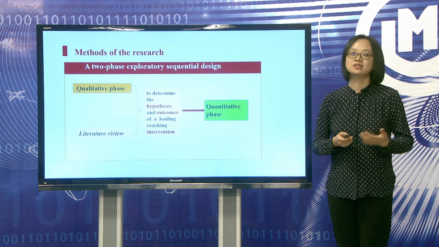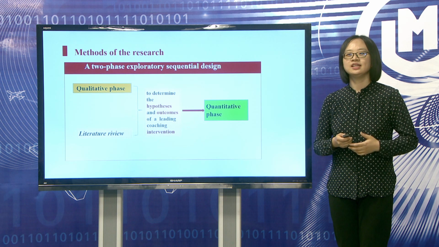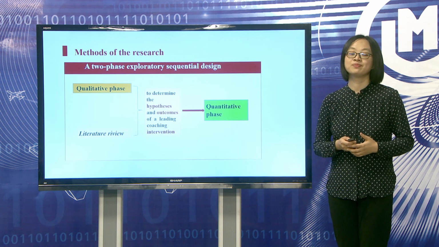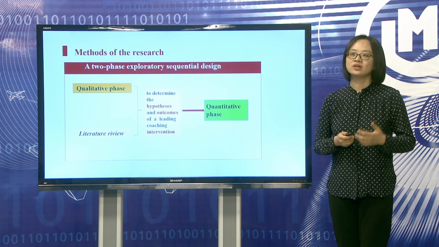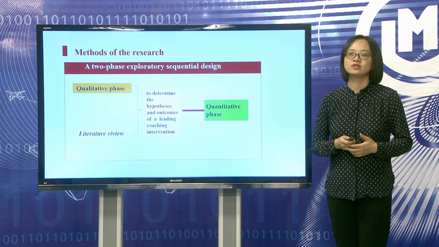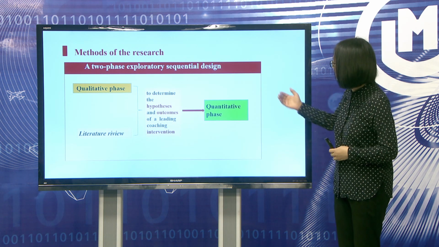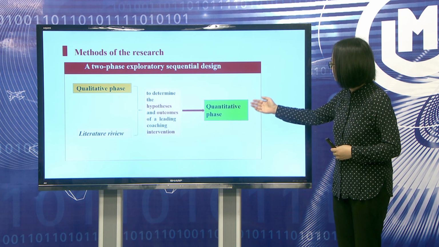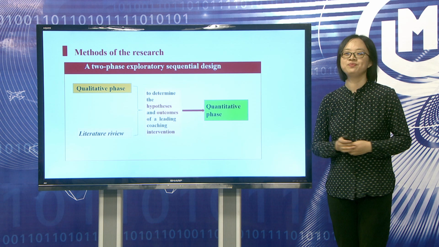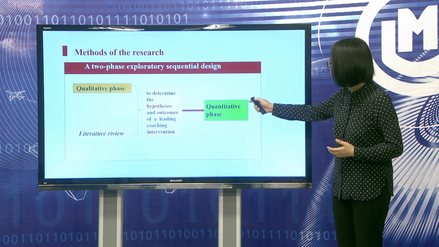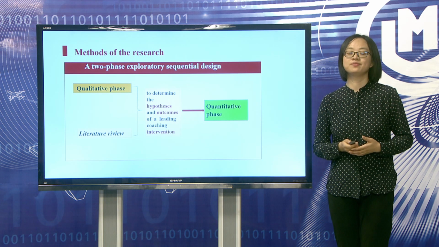Then I will talk about the methods of the research. It is a 2-phase exploratory sequential design in which the qualitative findings, along with the literature, were used to determine the hypothesis and outcome of a leadership coaching intervention and give the hypothesis of the quantitative phase.